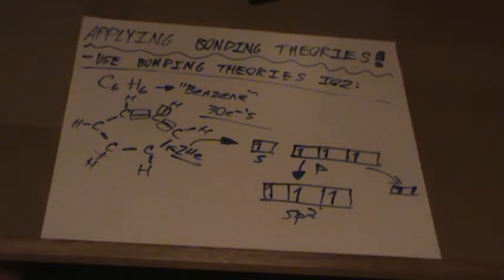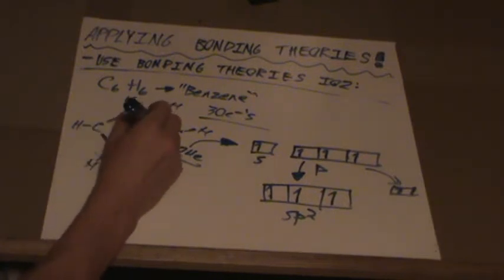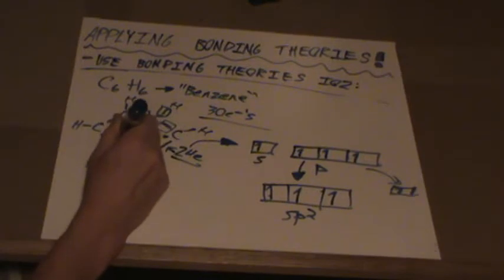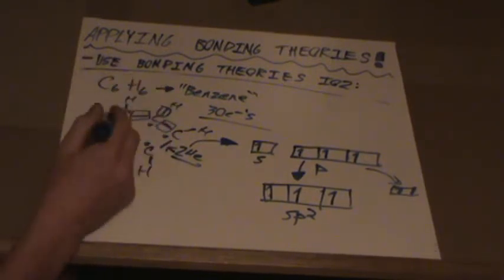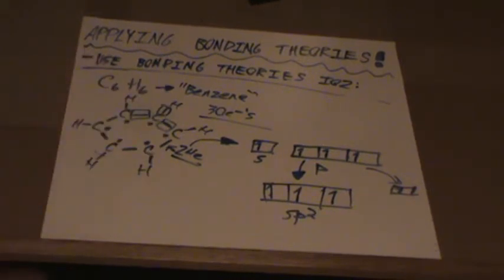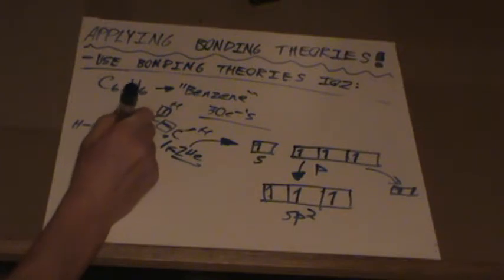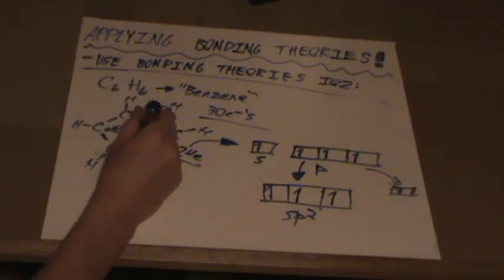Well, the idea is that each carbon has this extra electron sitting here. If we just visualize this for a second, there are electrons sitting there. And they can bond this way with this one, or this way with this one. This one can bond this way with that one, or this way with that one.